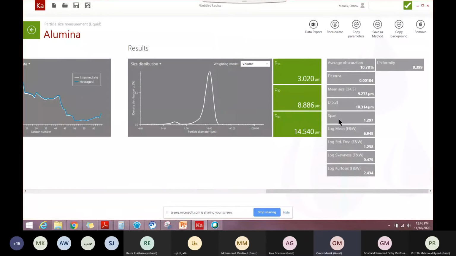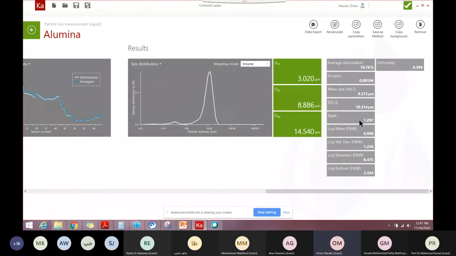Also, it will give you the span. Span will somewhat tell how broad the peak is. Although most of the particles we measure in laser diffraction are not monodispersed, they are always a multimodal particle population, meaning the particle population is constituted of different sizes.